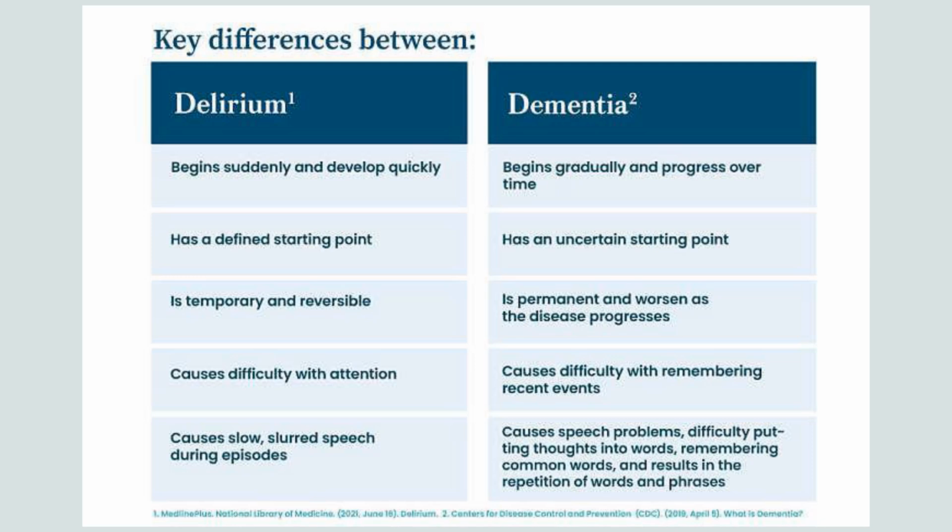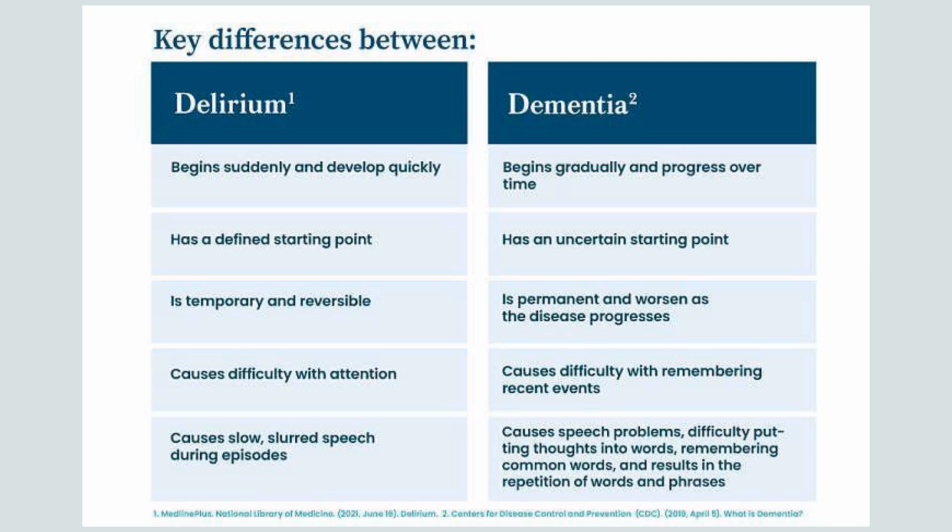We need to memorize the key differences between delirium and dementia. For delirium, it begins suddenly and develops quickly. It has a defined starting point. It's temporary and reversible. It causes difficulty with attention. It causes slow, slurred speech during the episodes.